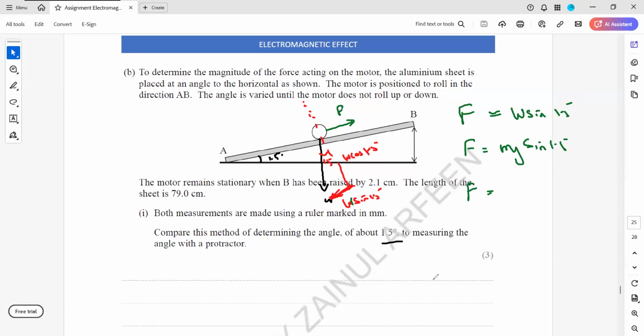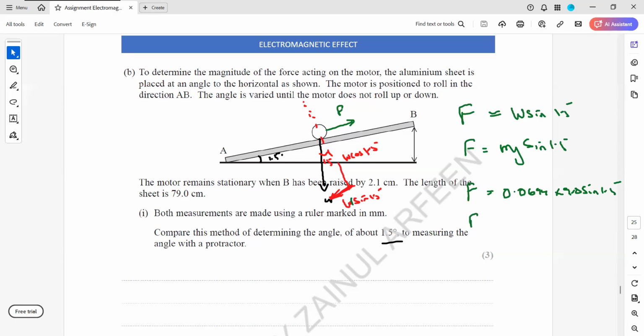m is the mass which was given in gram, so we divide by 1000: 0.0694, and gravity is 9.8, and then sine 1.5.